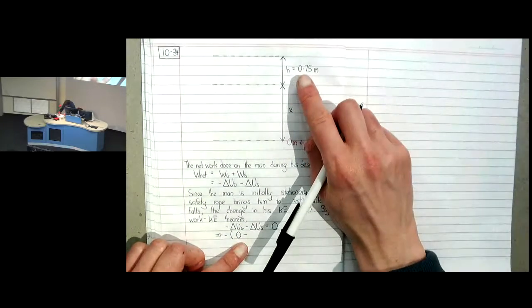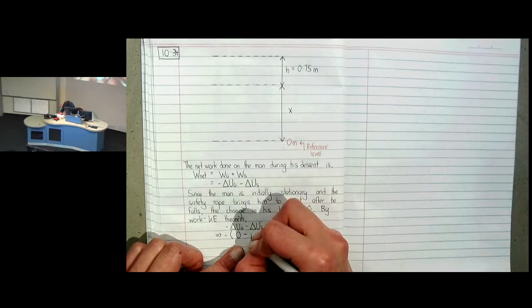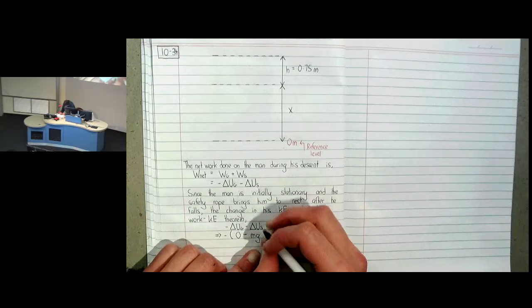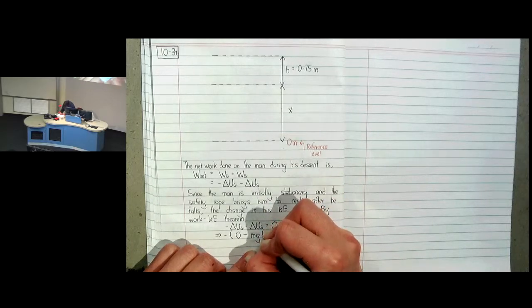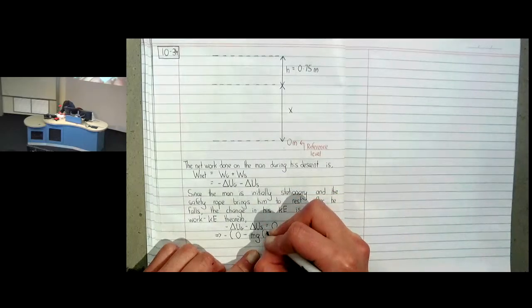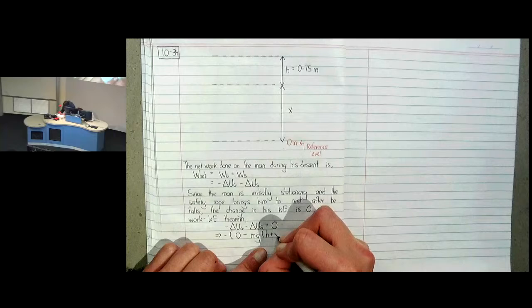And his initial gravitational potential energy is just going to be his mass times g times the height above the reference level that initially is. So his initial height is going to be h plus this x.